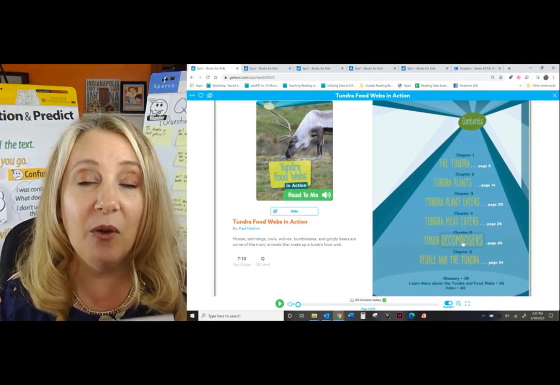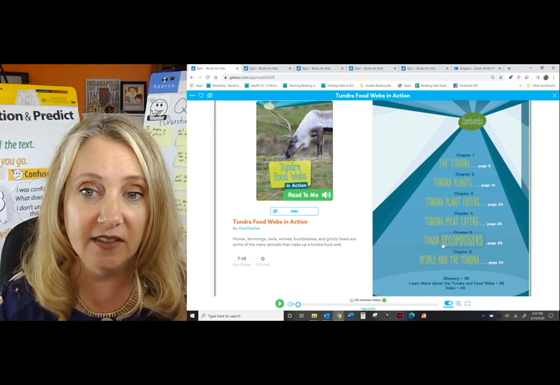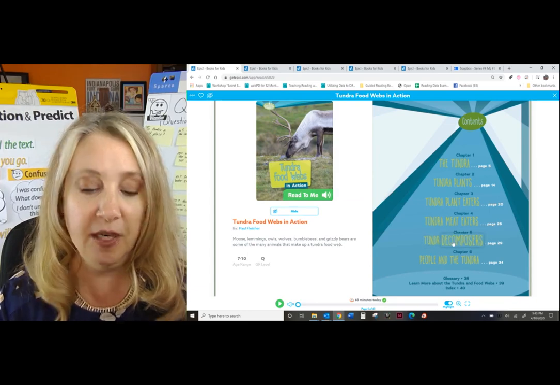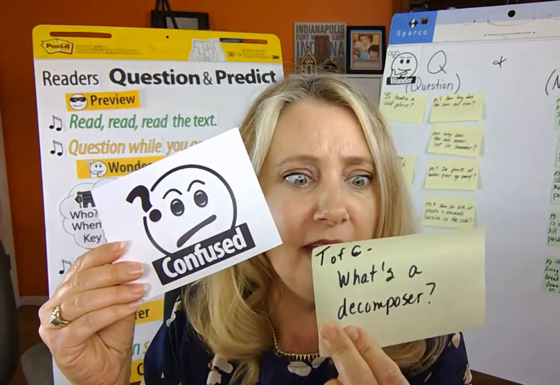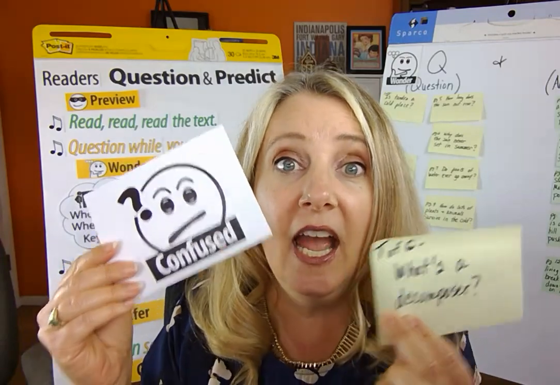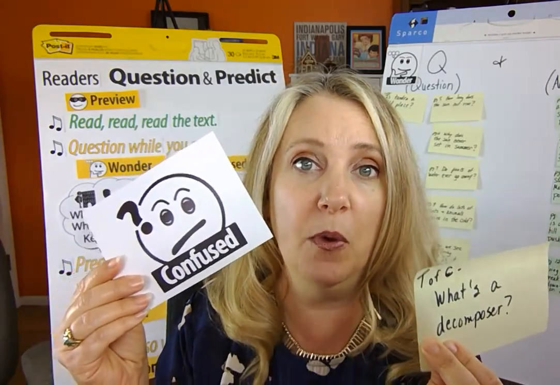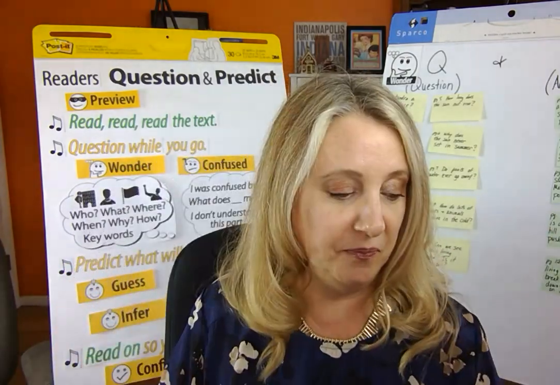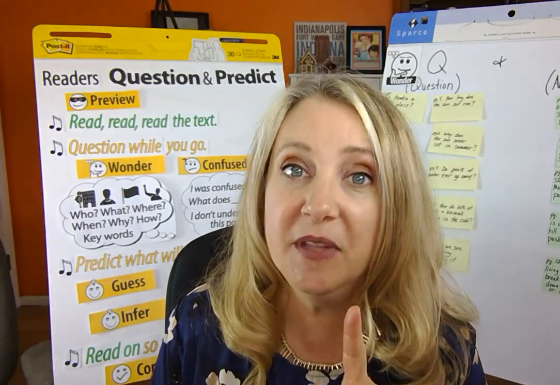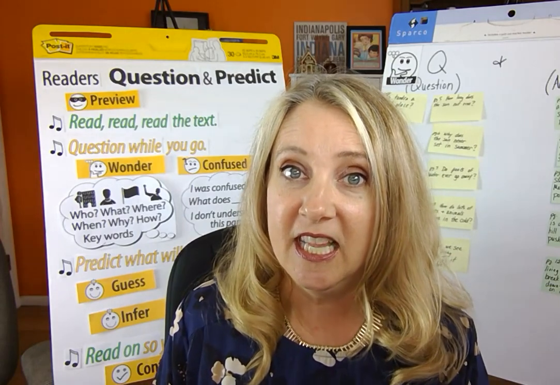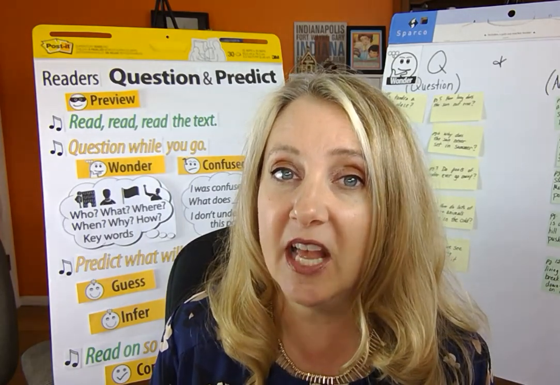And when we were at the table of contents, we came to Tundra decomposers. And I said, what's a decomposer? I never even had heard of that word before. Well, let me tell you that rather than just go on, there is something that readers do. There's something they can do to help themselves.